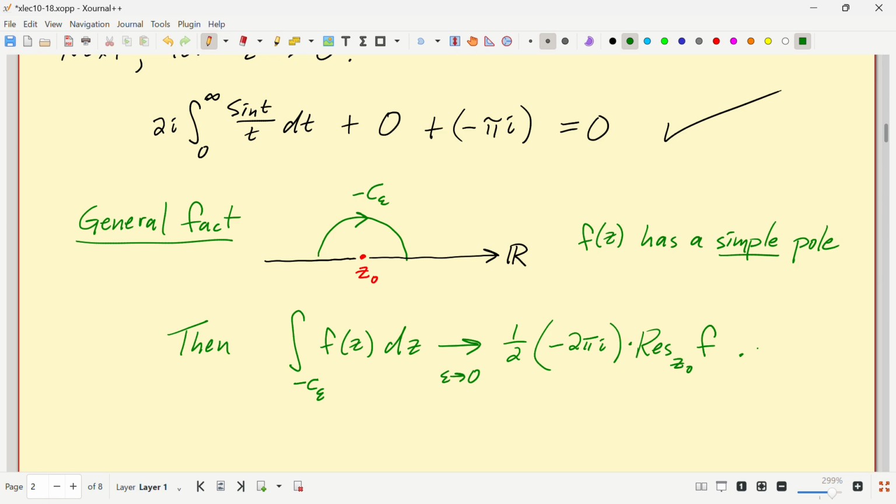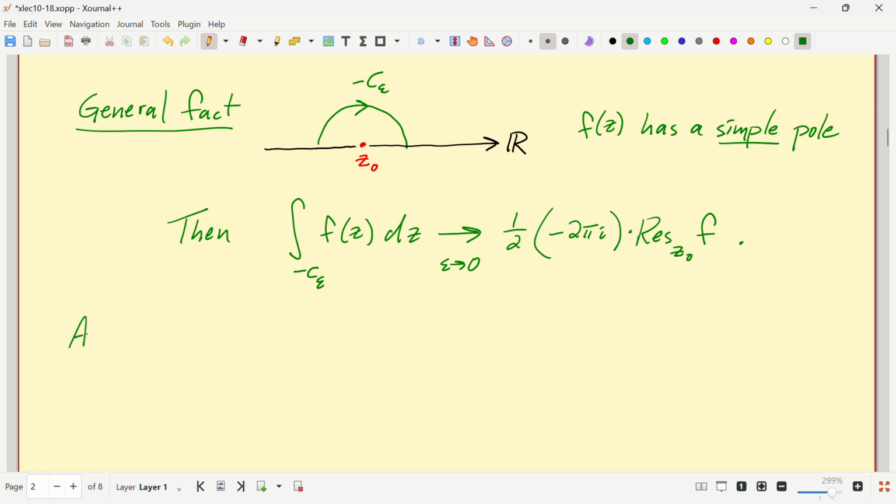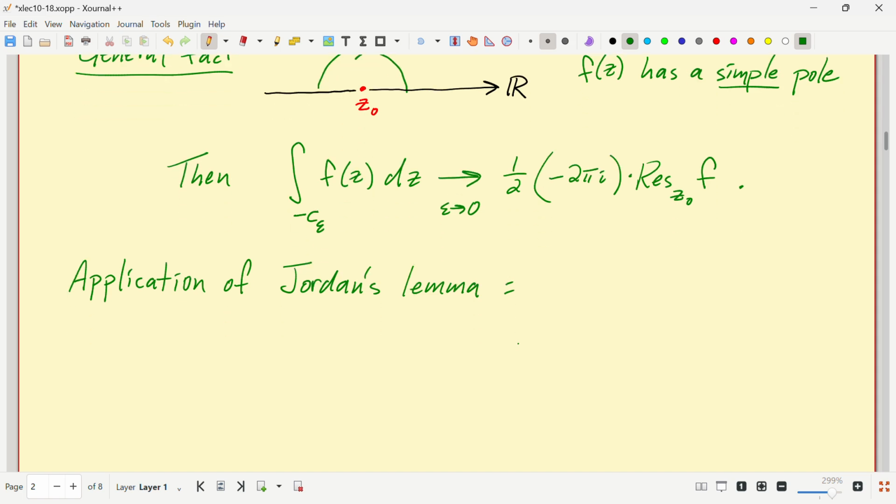That's a useful thing to know. Another useful thing to know is that that Jordan's lemma thing works in more generality. That's one general fact. And here's an application of the Jordan lemma idea. Here's the theorem.